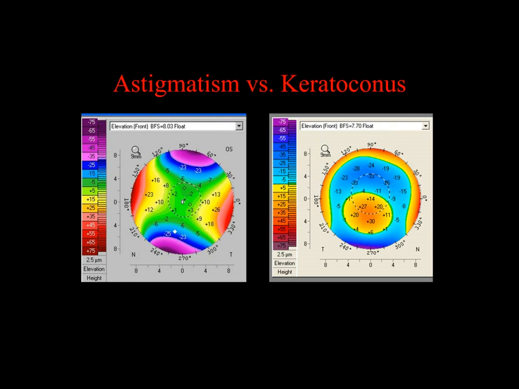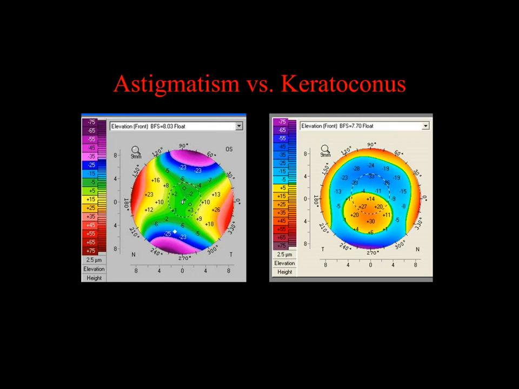The further you go, the greater the separation is from the steep and flat meridian. The first thing you do when you look at a map is pattern recognition. So I looked at this astigmatic pattern, and it's a completely normal astigmatic pattern. The numbers then are secondary. The numbers just tell me how much astigmatism is present.